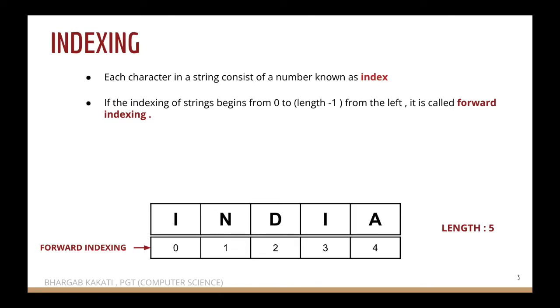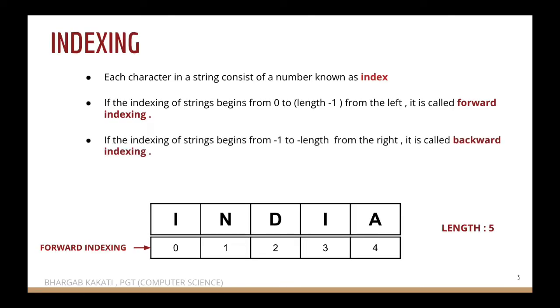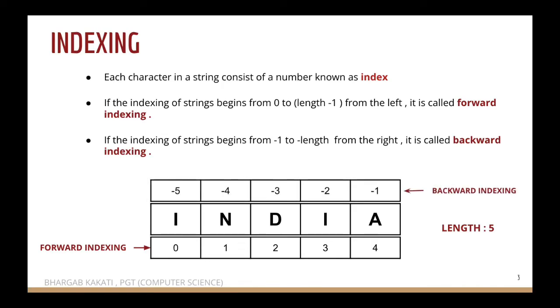Alright. Next, if the indexing of strings begins from minus 1 to minus length from the right, it is known as backward indexing. As you can see in the figure, the indexing begins from the right, starts at minus 1 and goes up to minus length.